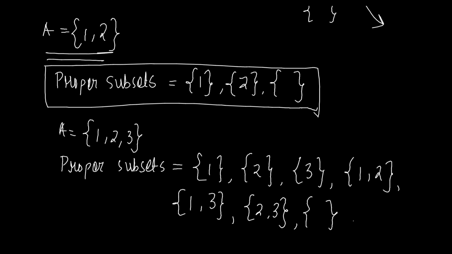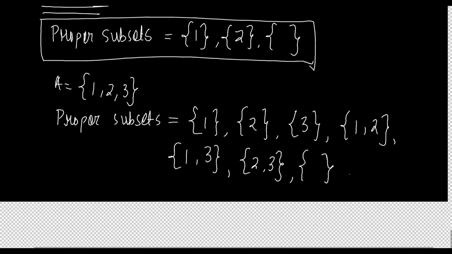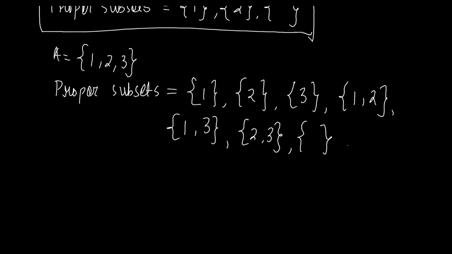But we will not take 1 comma 2 comma 3 because it does not satisfy the condition of proper subset. Proper subset means all the subsets will be there excluding the set itself. So the proper subsets are these 1, 2, 3, 4, 5, 6, 7.